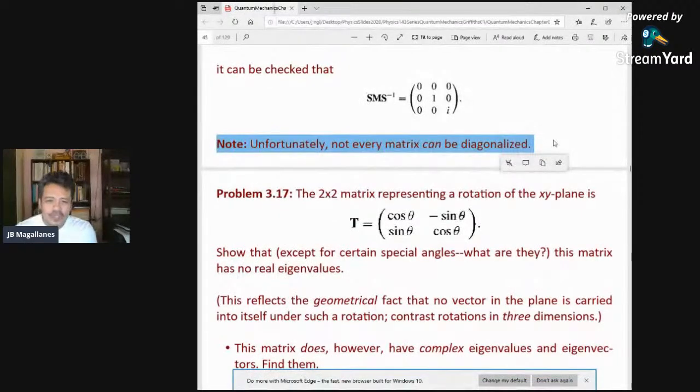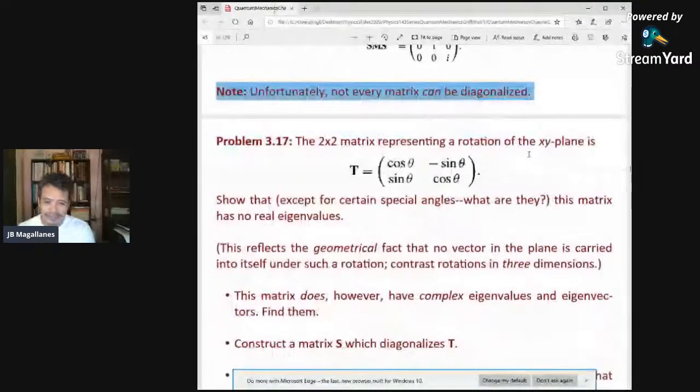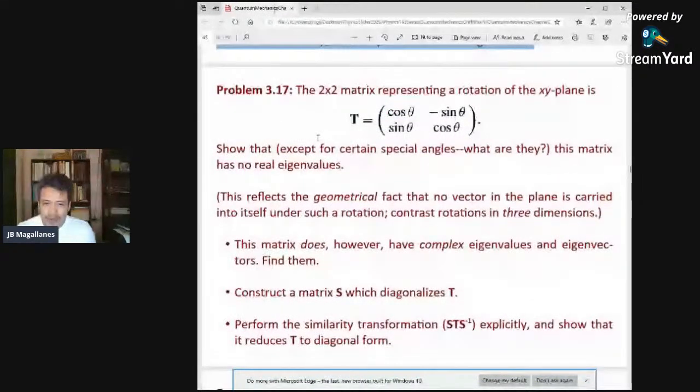Unfortunately, not every matrix can be diagonalized, and you can find that out. There's a problem here which you can do. The 2 by 2 matrix representing a rotation in the xy plane is given by this.